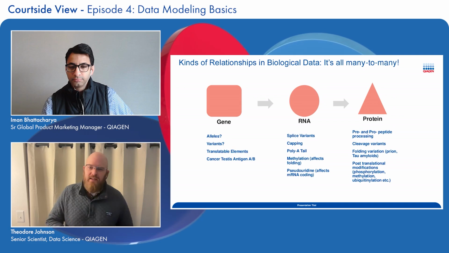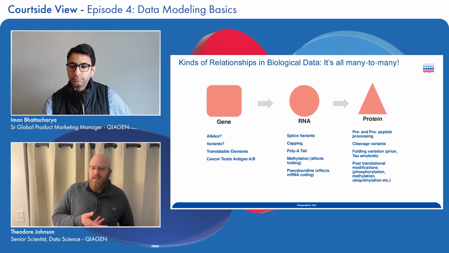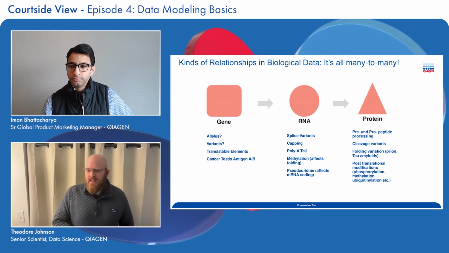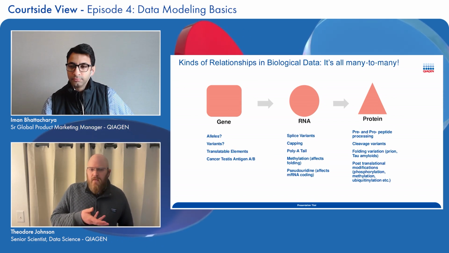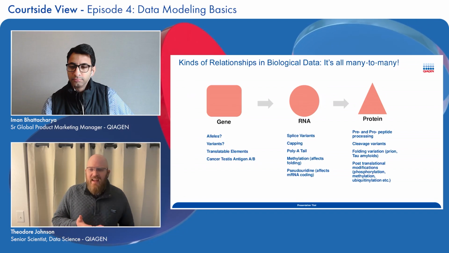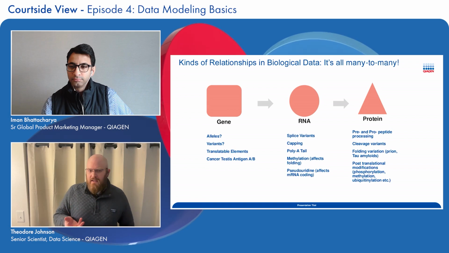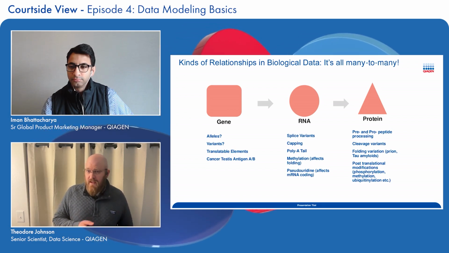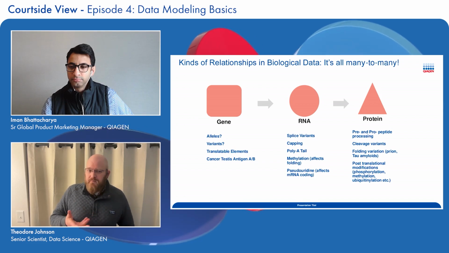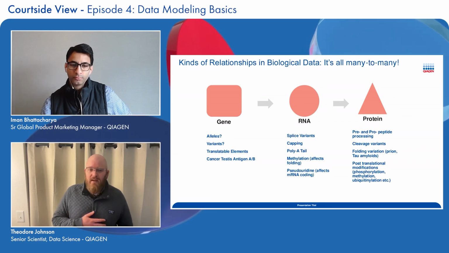One gene, one RNA, one protein. But then you start asking those deeper questions like, when I think about this gene, do I need to represent the different alleles? Do I need to represent different variants? As a human, I will have two alleles for most genes. So just because I express one gene that we think of as having a given name or identifier, I actually have two copies of it, in most cases one from each parent.